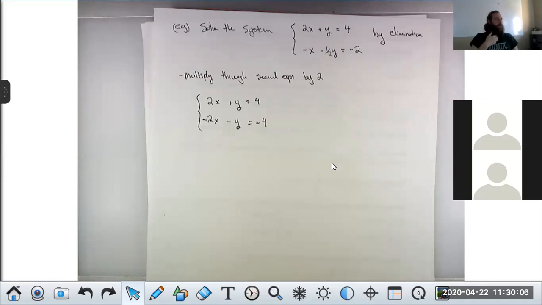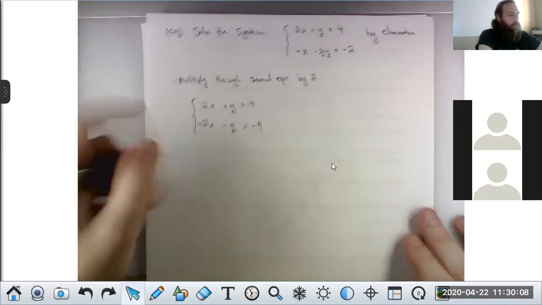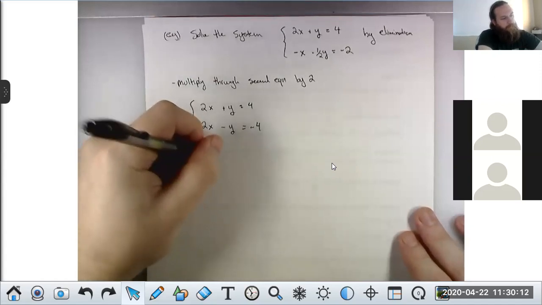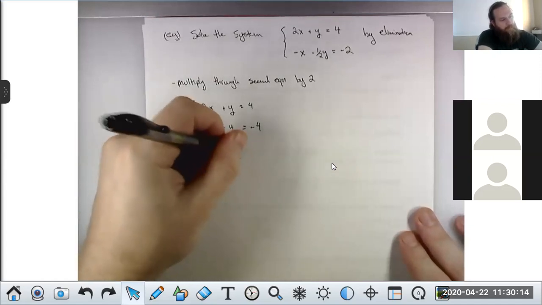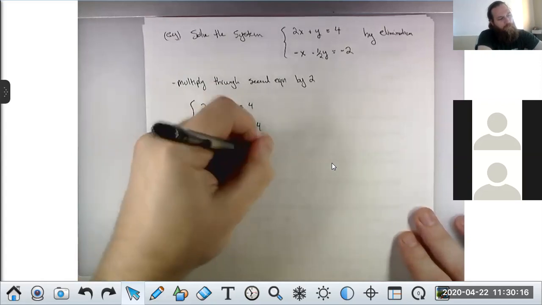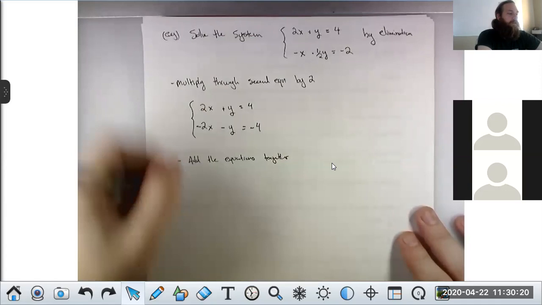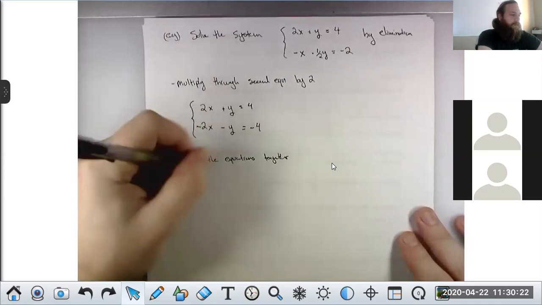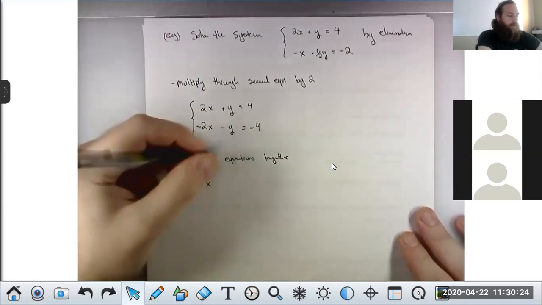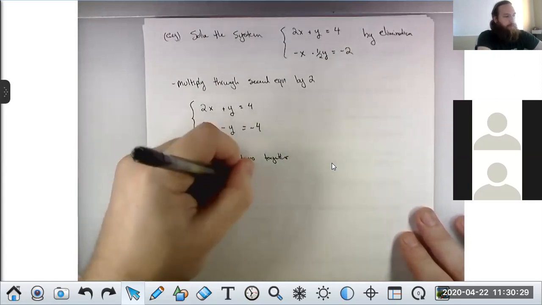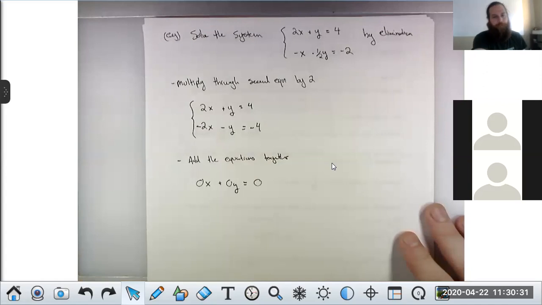Now if I add the two equations, something interesting happens. Negative 2x plus 2x is 0x. y plus negative y is 0y. And 4 plus negative 4 is 0. Interesting, right?